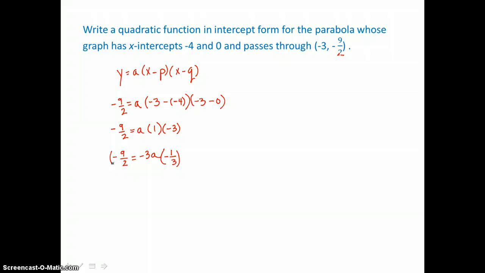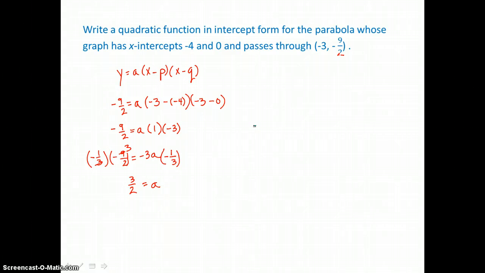So I'll multiply both sides of this equation by negative 1/3 to get a alone on the right. A negative times a negative is a positive. 3's cancel. So I'll get positive 3/2 for an a value. a is equal to 3/2.